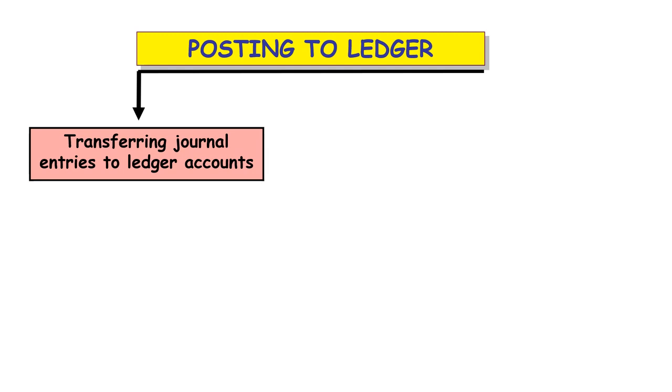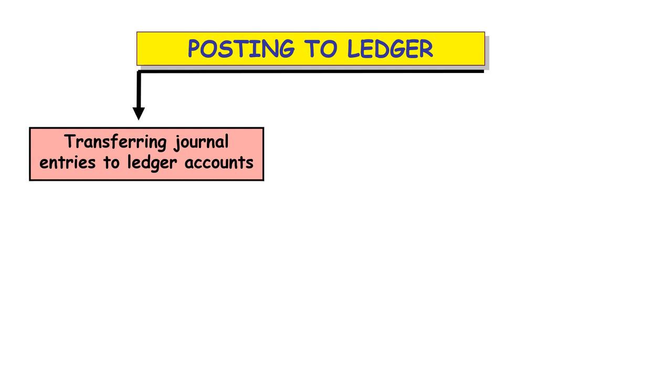So what is posting to the ledger? You will hear this as posting to the ledger, or sometimes only referred to as posting. Posting means transferring the journal entries to ledger accounts. Every company has ledgers, and the ledger is a collection of all the accounts maintained by a company.